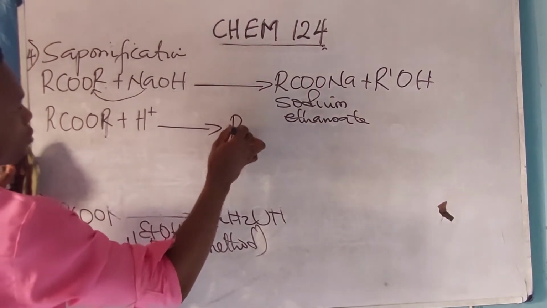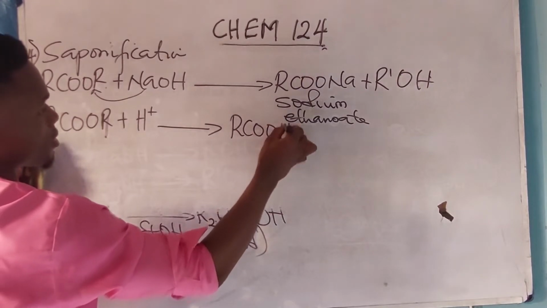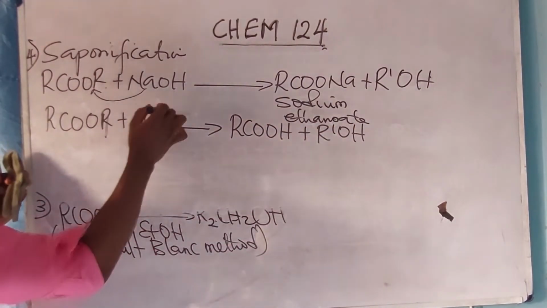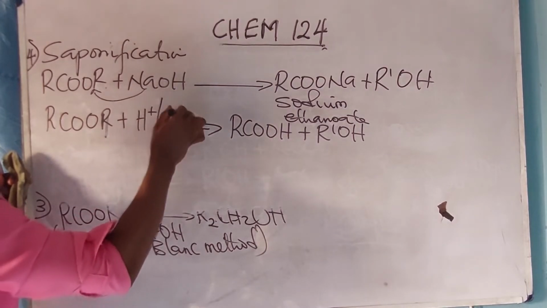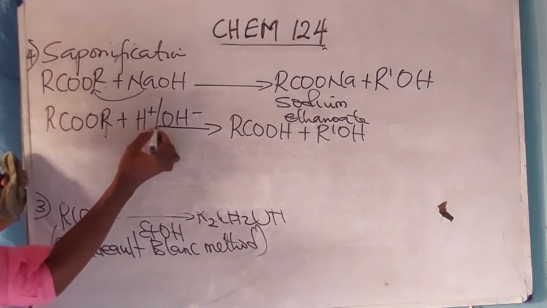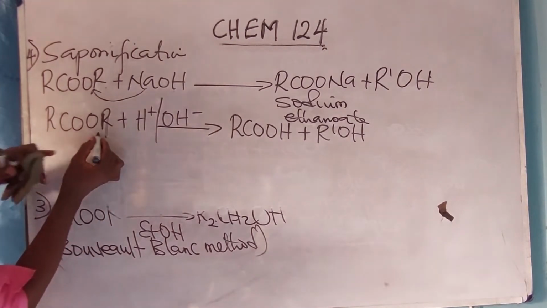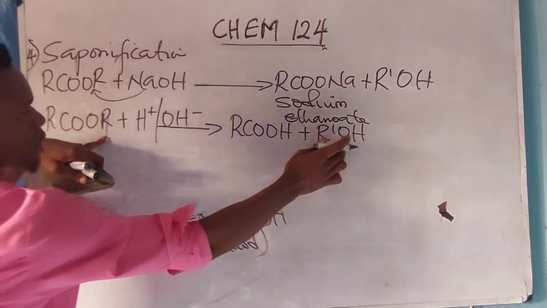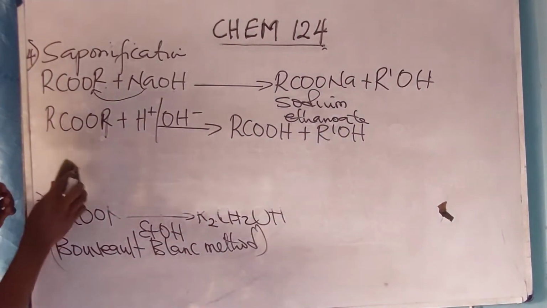You have formation of acid and what? OH. Alright, you know water can be split into H plus and what? OH minus. Now this H is coming here, becomes ROCOOH. Then this arrow makes it now have what? Alcohol. It's a chemical reaction.